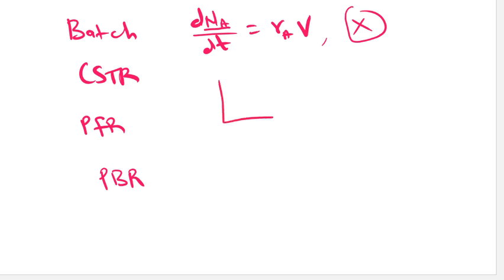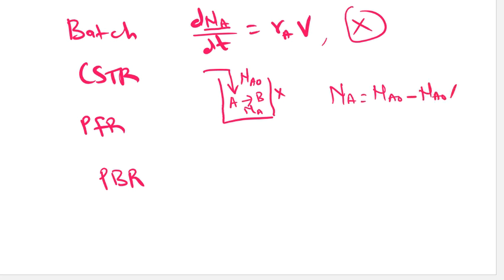For a batch system where we put a species A into it, the initial amount you put into it is Na naught. After the reaction has taken place, let's say A has converted to B, that means we have Na left. So how much of Na naught has reacted is X. X of Na naught has reacted. Therefore, the Na that is remaining is equal to Na naught minus Na naught XA.